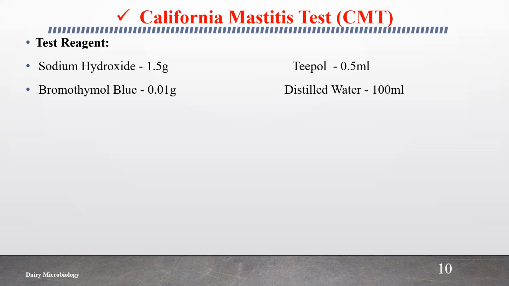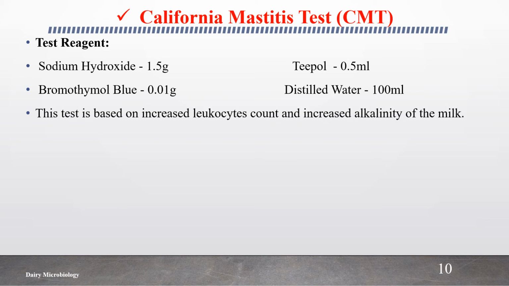The second test which is used for the detection of mastitis is called the California mastitis test or CMT. The reagents which are used for this test include sodium hydroxide, Teepol, and bromothymol blue, that is the pH indicator. All these are added in distilled water.